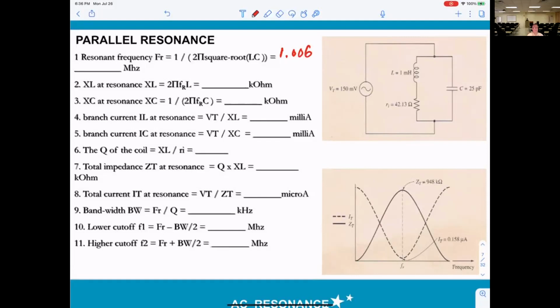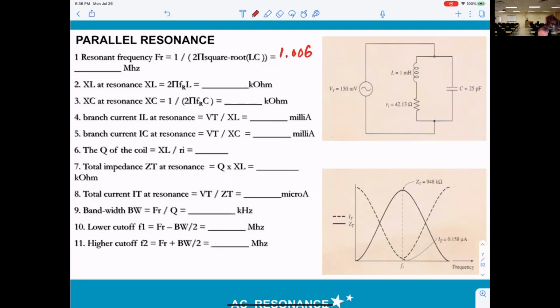Exactly. Okay, number two, ZL at that resonant frequency.